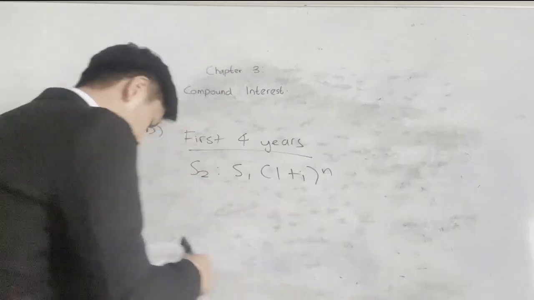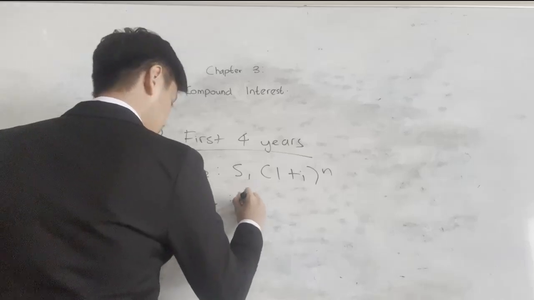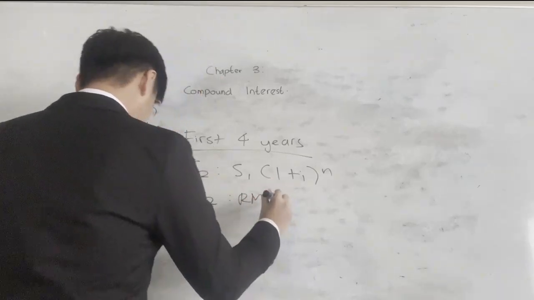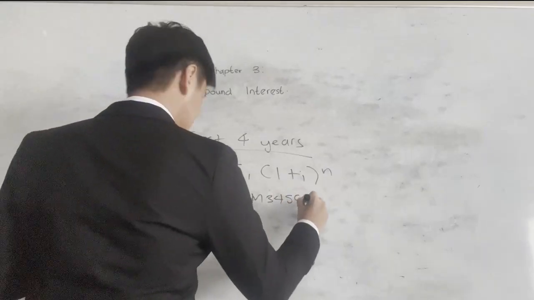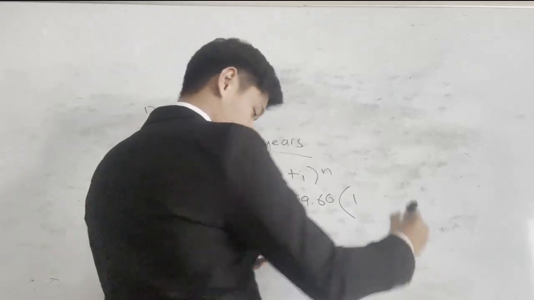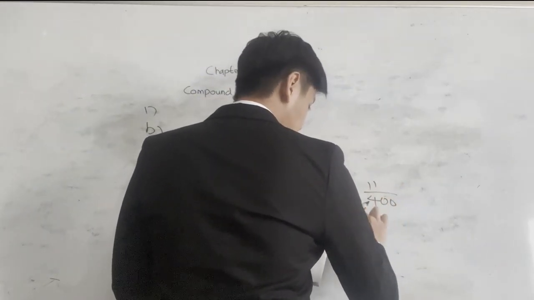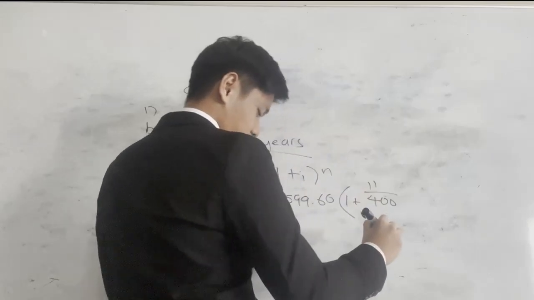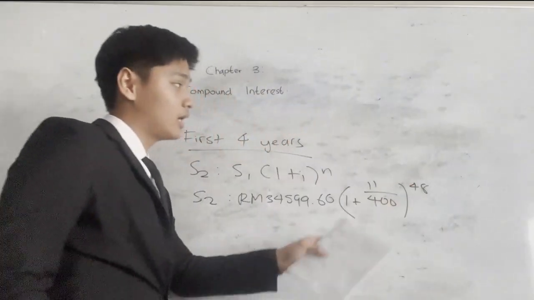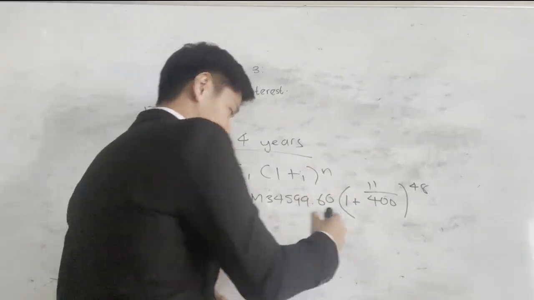And then for S2 we just include it: RM 3459.96 times (1 + i), and the N is 48, which I wrote here but erased already because there was not enough space.